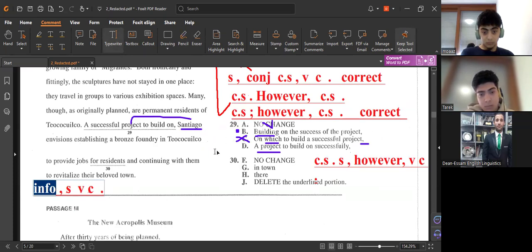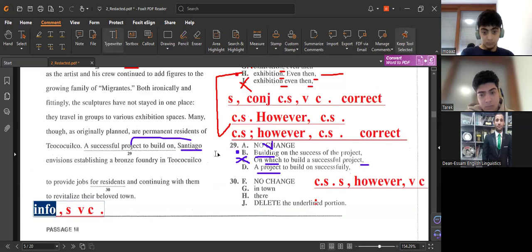The subject after. So who was building on the success of the project? Santiago. And this is logical. So it means like that: when Santiago was building on the success of the project, Santiago envisions establishing Brown's family.